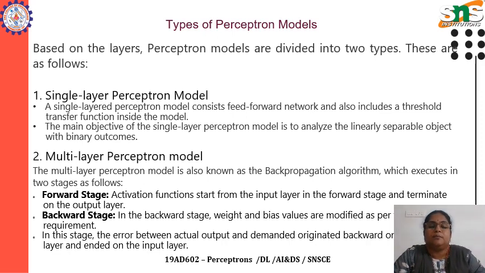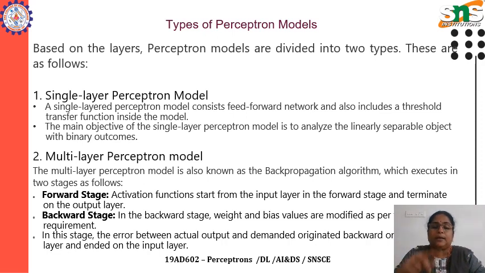The next type is the multi-layer perceptron model. From the name we can say it has multiple layers. It executes in two stages: the forward stage and the backward stage. What is this forward stage? The activation function starts from the input, then moves forward and terminates on the output.